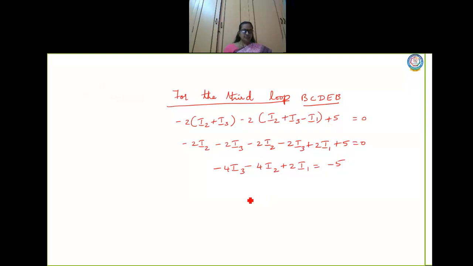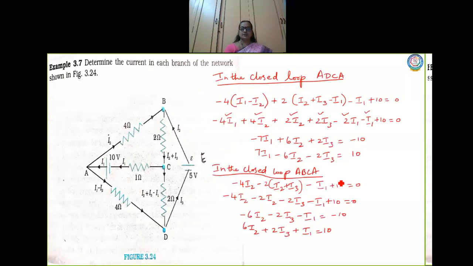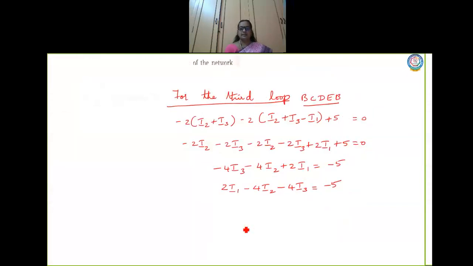The same equation they have written here, rearranged: 2I1 minus 4I2 minus 4I3 is equal to minus 5. So I have got 3 equations, children. This is the first equation, this is the second equation and this is the third equation.